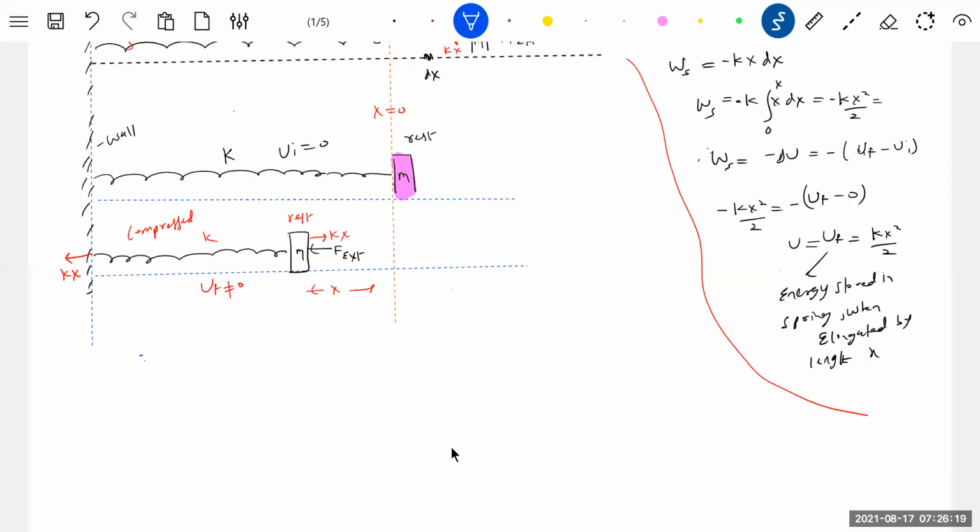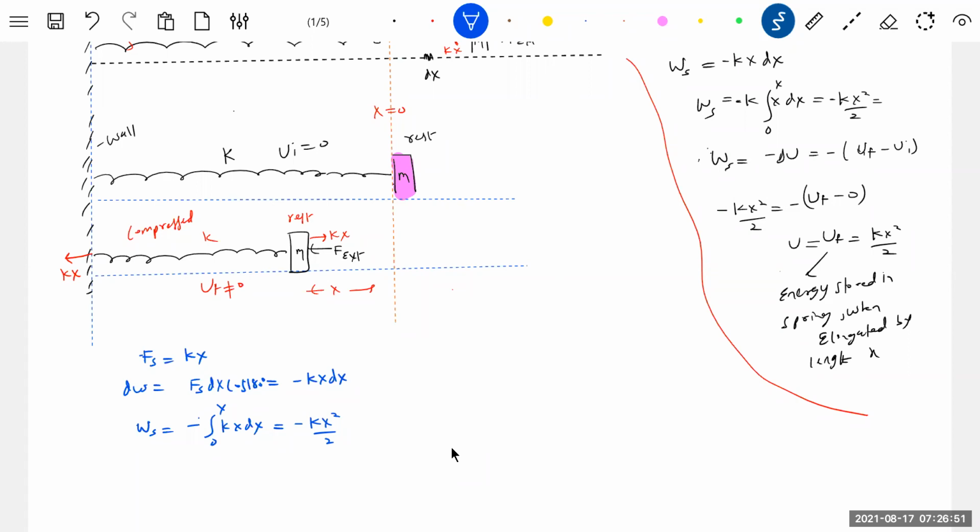Work done by the spring force, spring force equal to kx. So dW equal to Fs dx cos 180, or minus kx dx. The work done by the spring force should be equal to minus kx square by 2. How do you define the work done by the spring force?